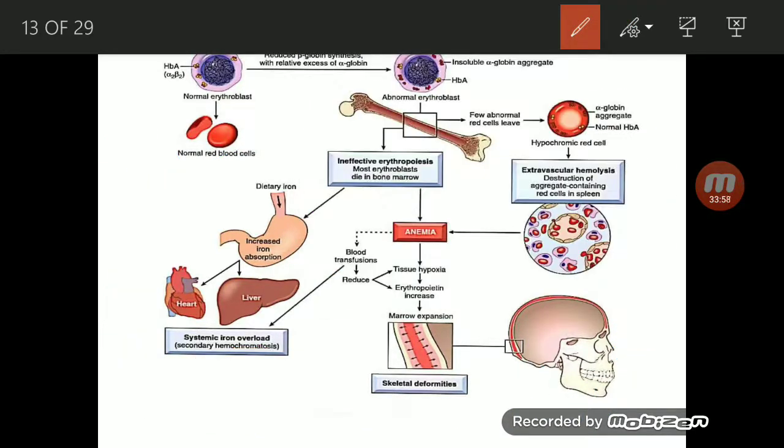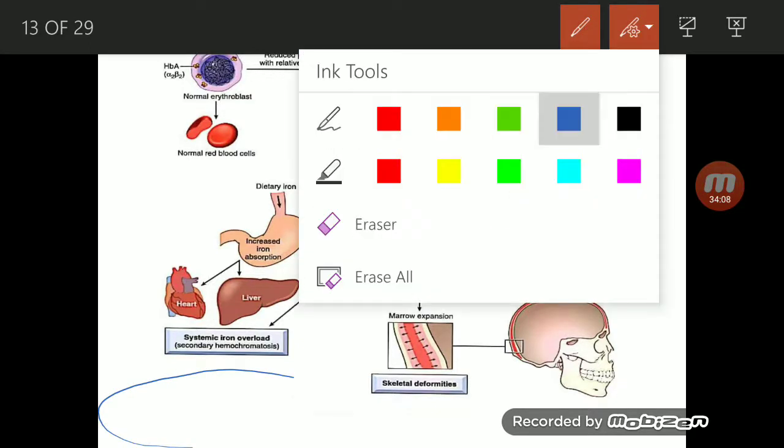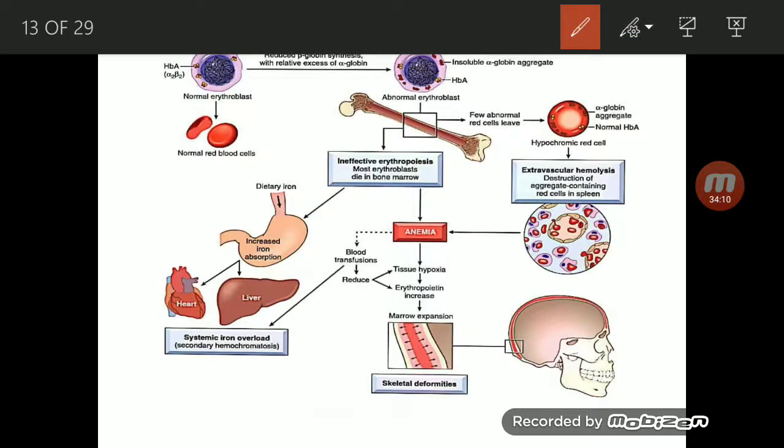Again, I'll repeat. Beta thalassemia is going to affect the synthesis of your beta chain. So let's draw your RBC. So this is your RBC. You are suffering from beta thalassemia. Your beta chain is going to get produced at low amount. Side by side, your alpha is going to get produced at your normal rate.